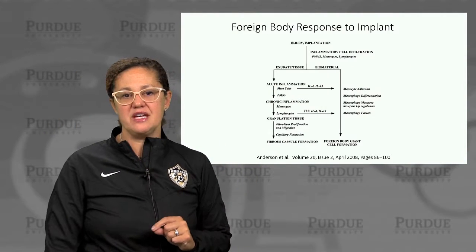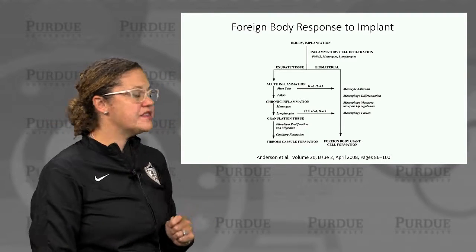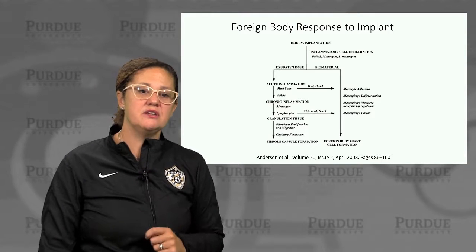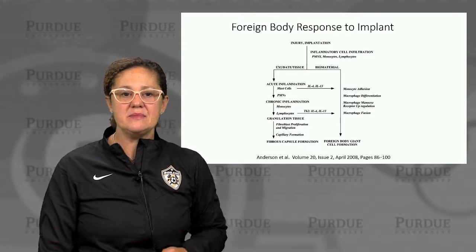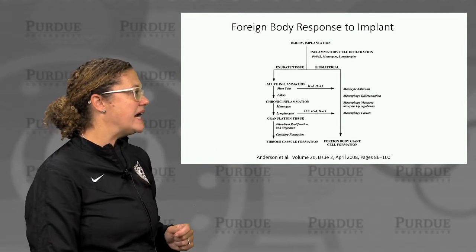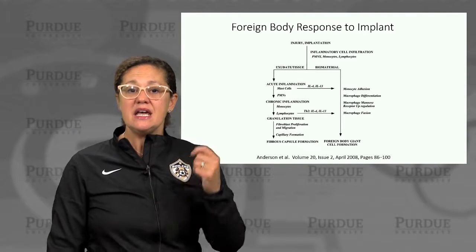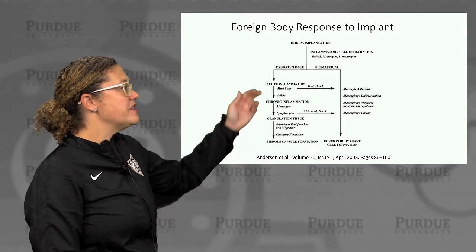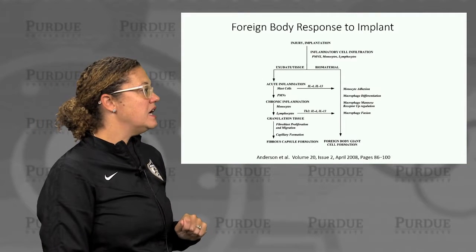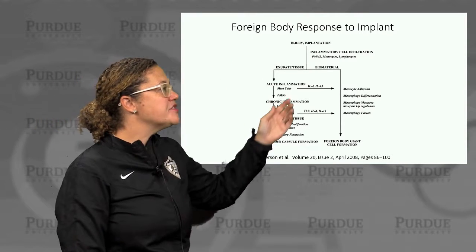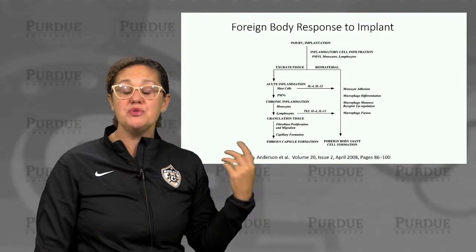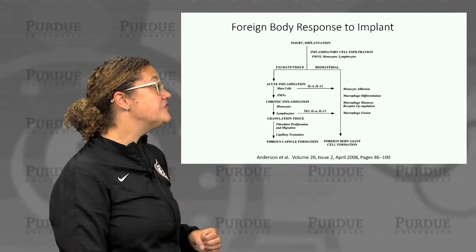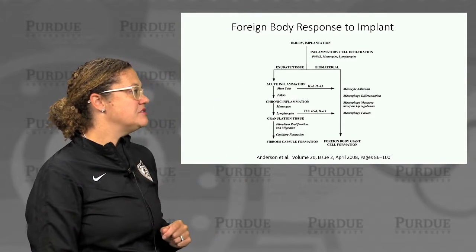And so this complicates our cell-device biointerface. One of the things that typically happens when you put a large engineered device into the body is what's known as the foreign body response to the implant. This happens over a course of time, beginning with an initial injury or implantation. There's often initially protein adhesion and inflammatory cell infiltration from that injury.